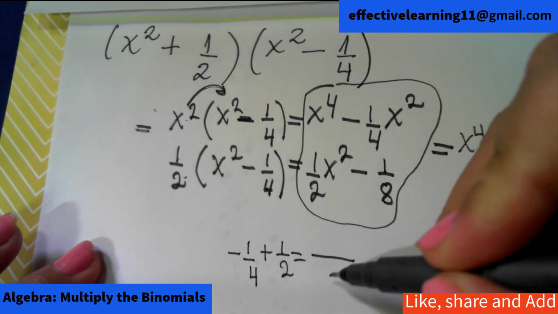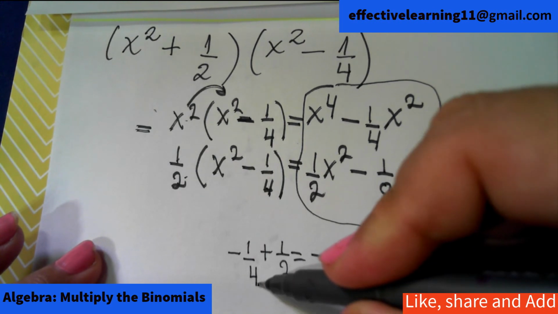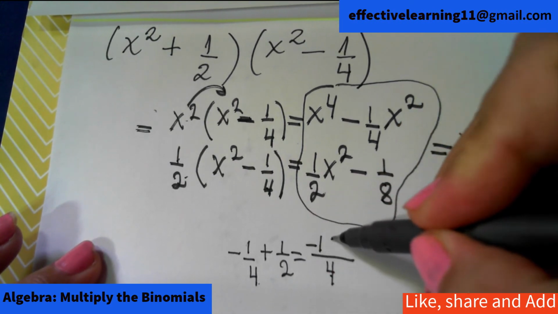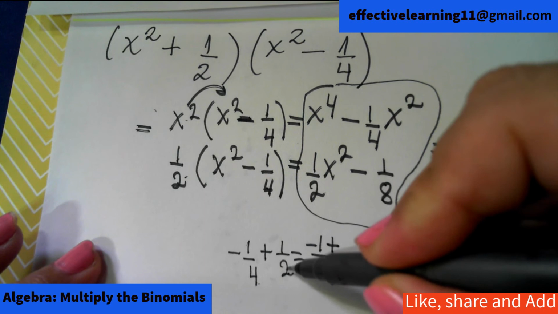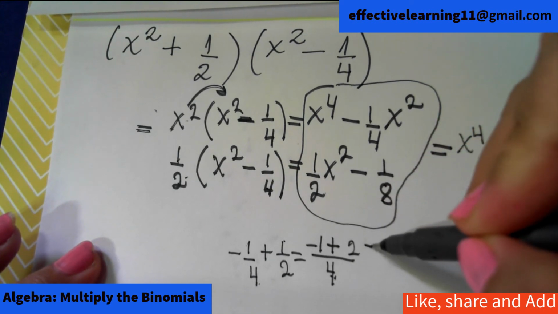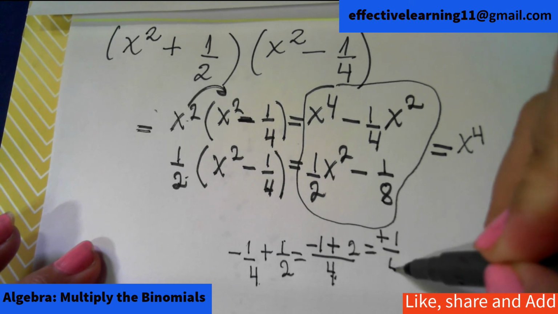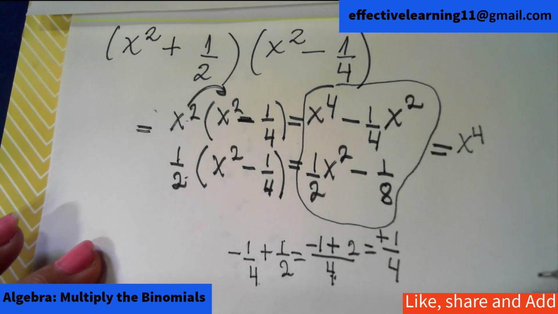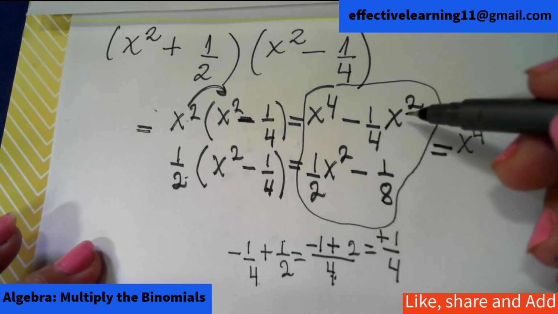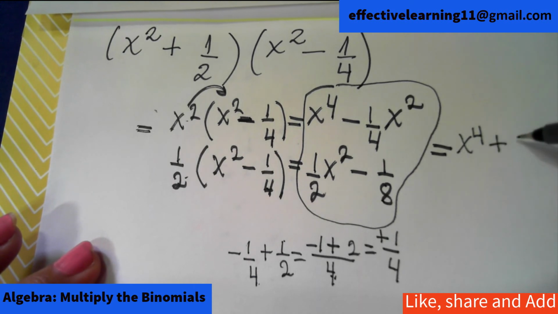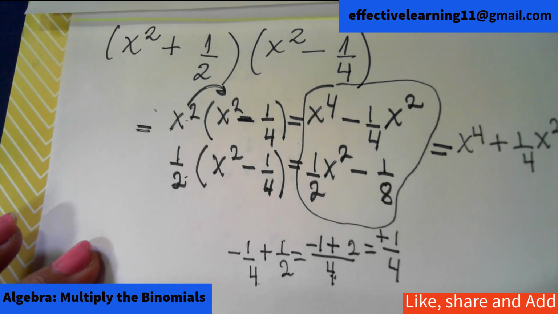So the common denominator is 4. 4 over 4 is 1 times negative 1 is negative 1. 4 over 2 is 2. Your answer is positive. The big number is positive 1 over 4. Okay. So your answer from these two terms is positive 1 over 4. Remember the common letter is x squared. And finally negative 1 over 8.